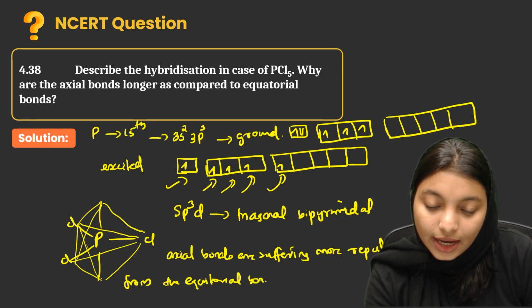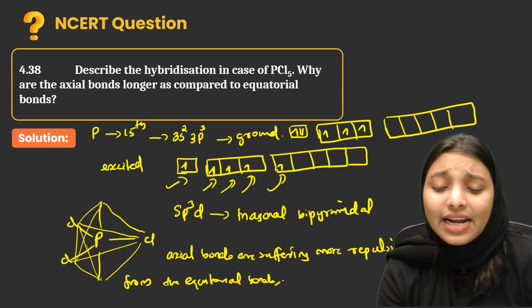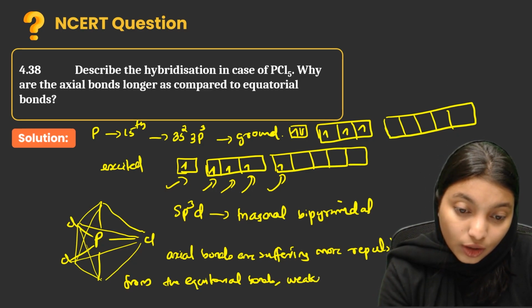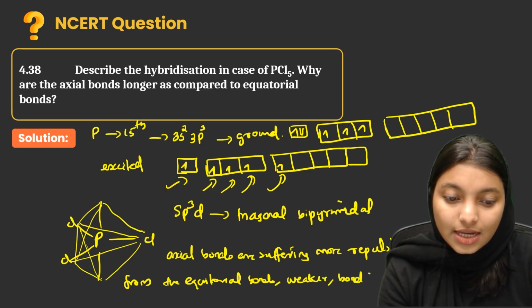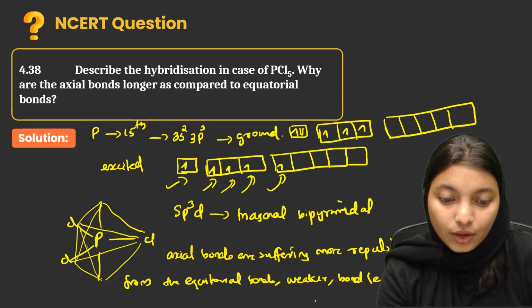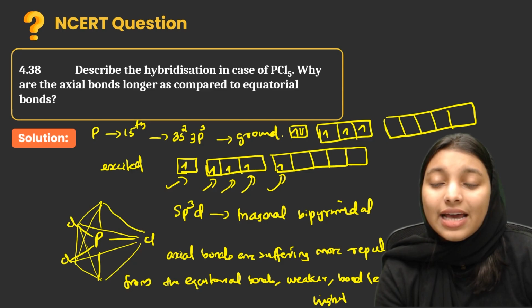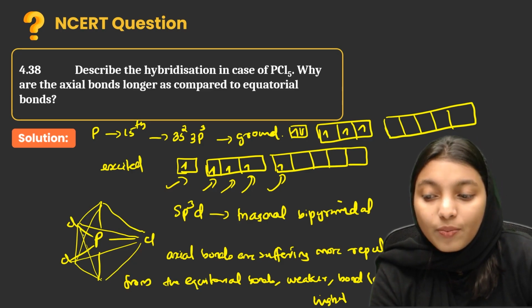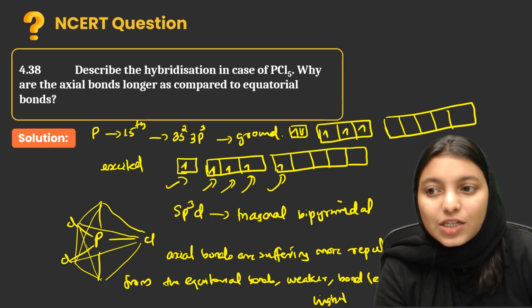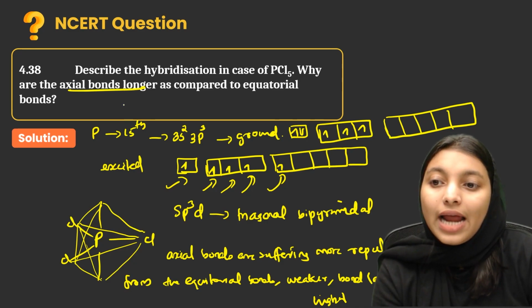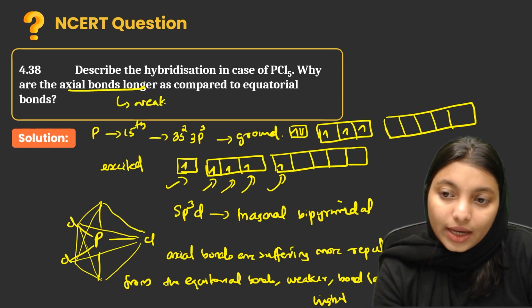That is why they are a little weaker, and their bond length is higher compared to equatorial bonds, since they are suffering from more repulsion from the 3 equatorial bonds. That is why axial bonds are longer and weaker.